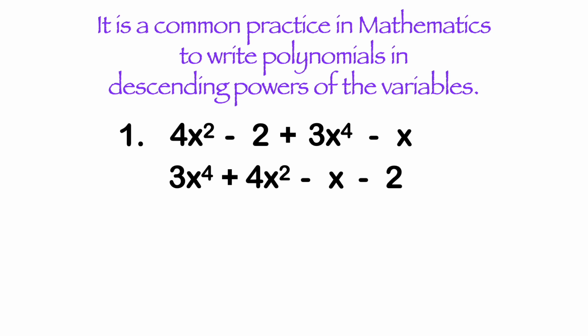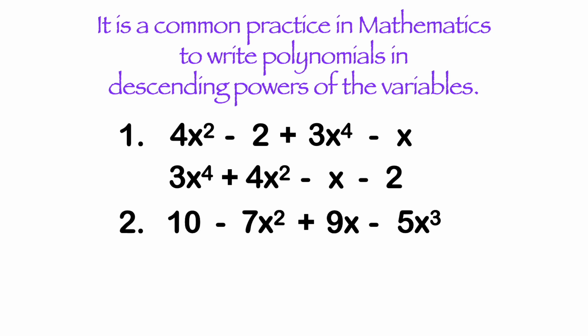So again, tignan nyo, kung ang i-consider natin yung numerical coefficient, hindi siya naka-arrange. Example number 2. Ayan, i-arrange natin yan in descending order. Usually sa polynomials, ina-arrange natin siya ng descending order. Pwede ding ascending, pero ako mas gusto ko yung descending.